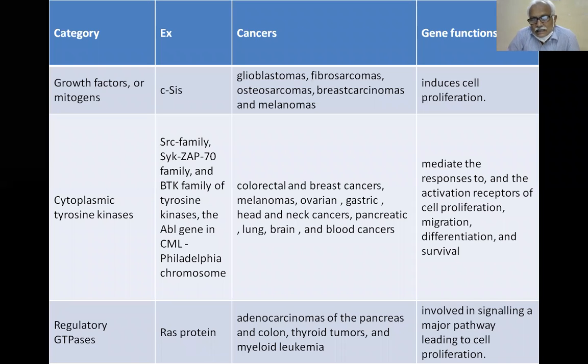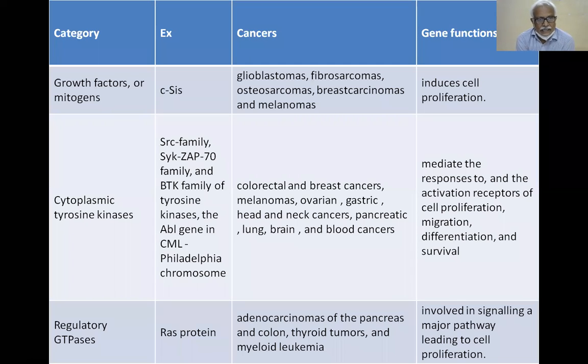When you observe that the moles are enlarging, you have to suspect that they are turning into melanomas. So remember, growth factors or mitogens, exemplified by c-sis, lead to glioblastomas, fibrosarcomas, osteosarcomas, breast carcinomas, and melanomas. And the gene function induces cell proliferation.